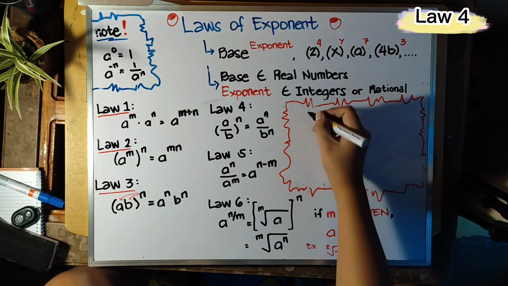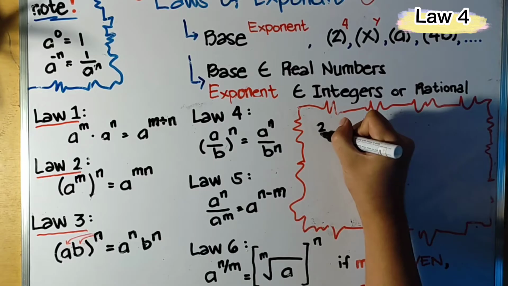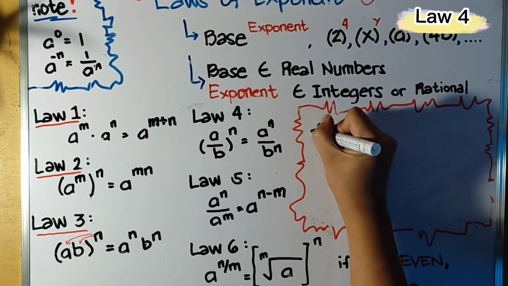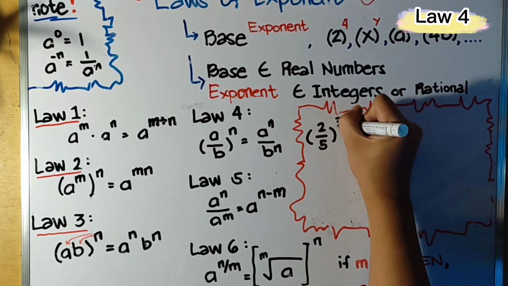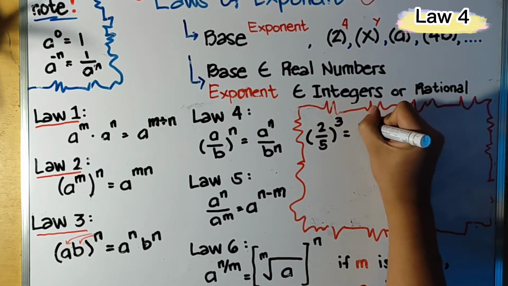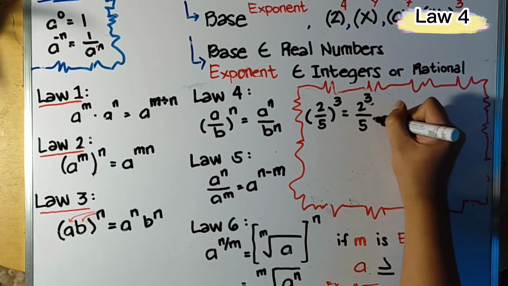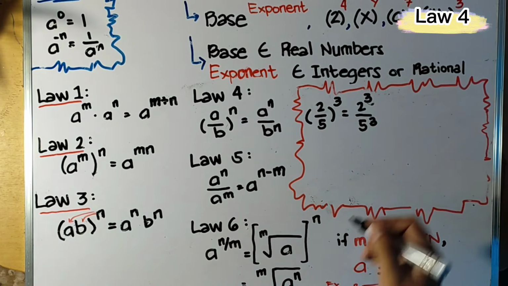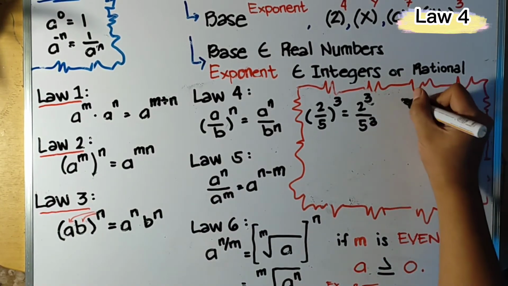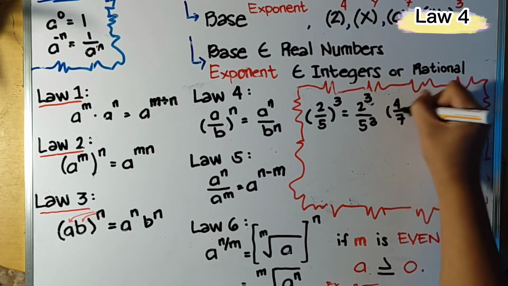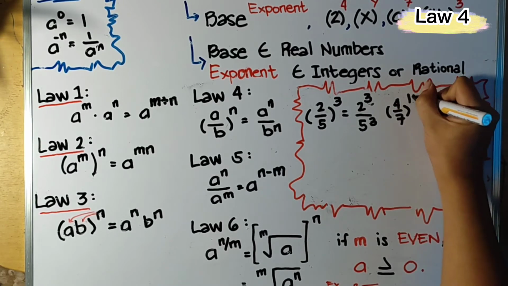Example. Say for example, 2/5 raised to cube magiging 2 cube over 5 cube. Say for example, 4 raised to 7 over 10.